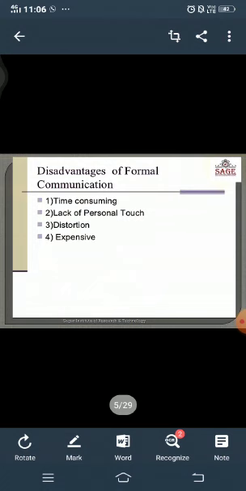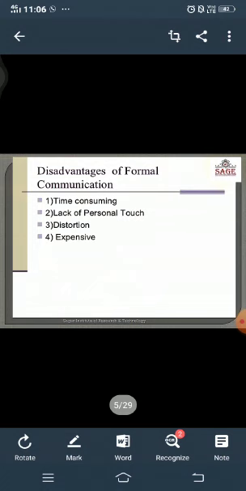For example, if somebody in the organization works very well, and the immediate boss recommends an appreciation for him. If he directly has the authority to give appreciation, it will be more of a personal touch, and he will be able to feel what the other person has done.